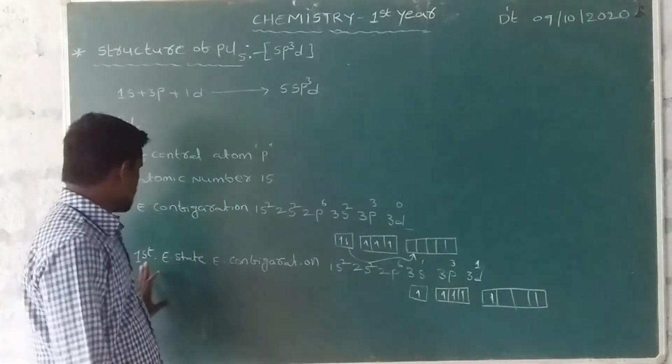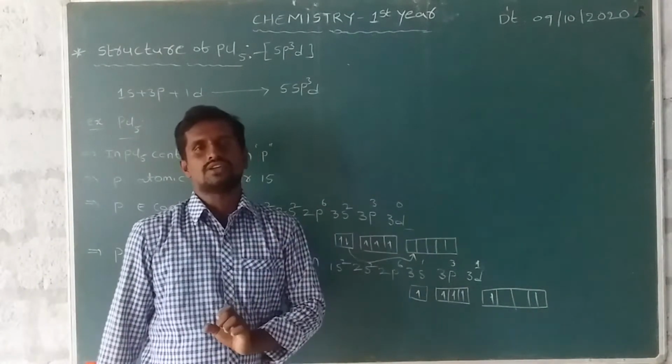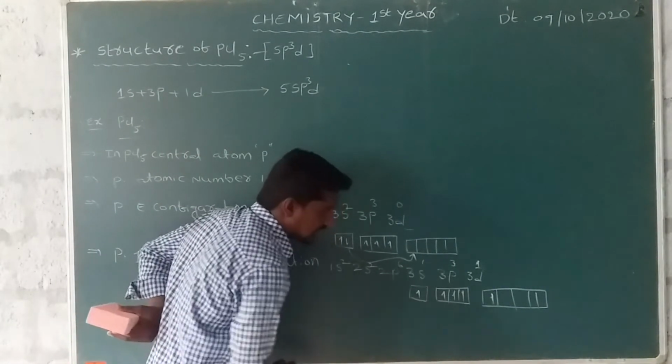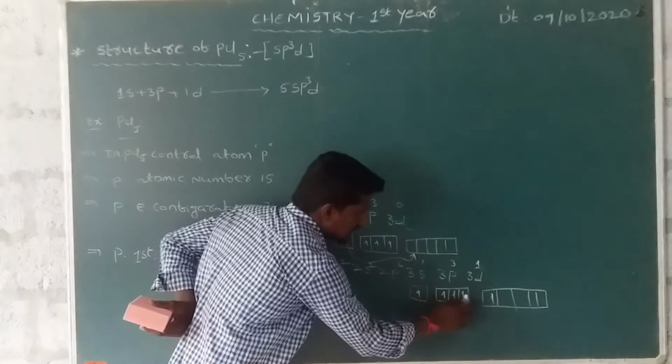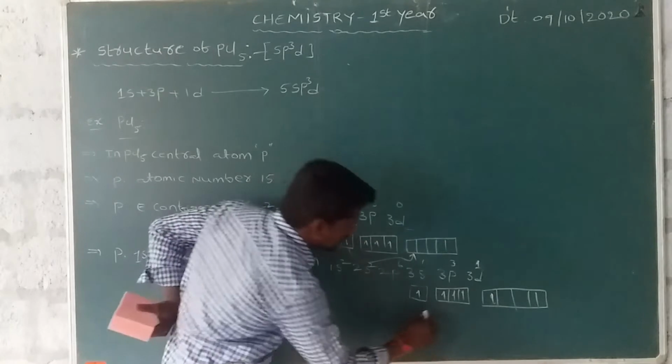This is the phosphorus first excited state electronic configuration. Phosphorus has 1 electron in s, 3 in p and 1 in d.